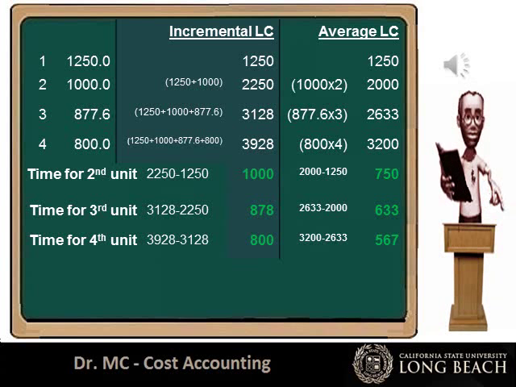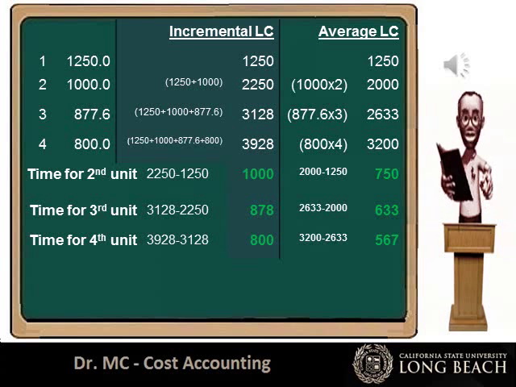Moreover, it took 3928 hours to make 4 units and 3128 hours to make 3 units. 3928 minus 3128 gives you the time it takes to make the fourth unit, which is 800 hours. We obviously don't need to do this with the incremental learning curve, because the learning curve item is the time it takes to make the next unit, but it demonstrates how you can calculate the incremental time of the next unit by looking at the total times.